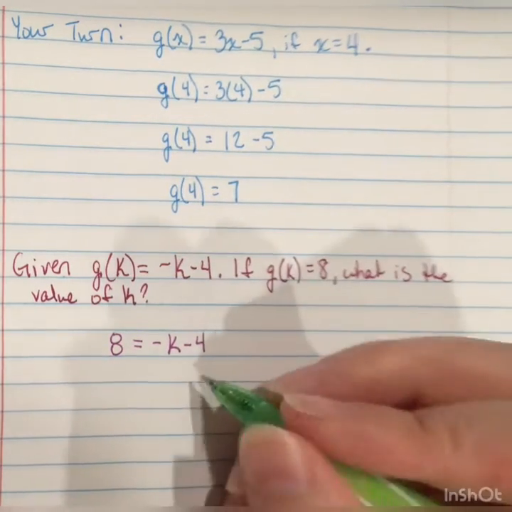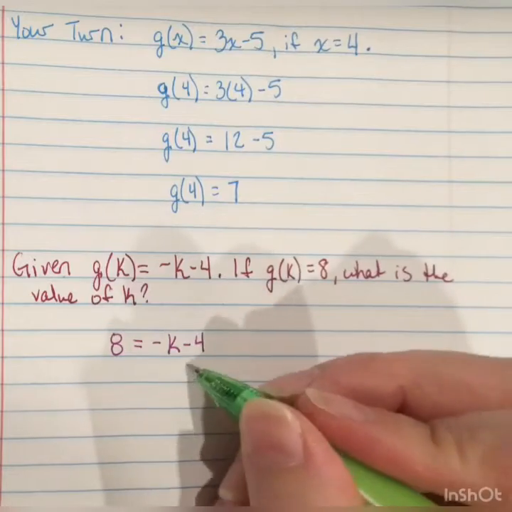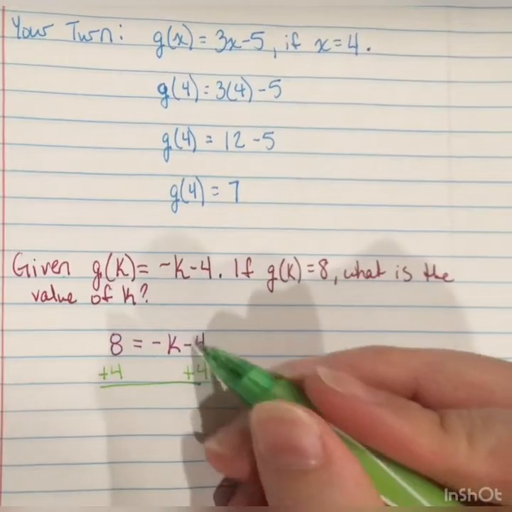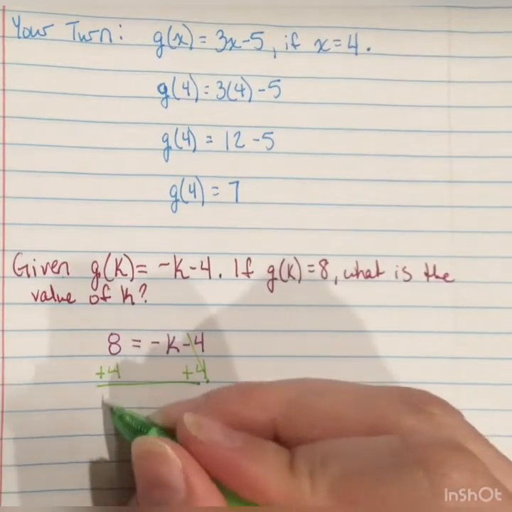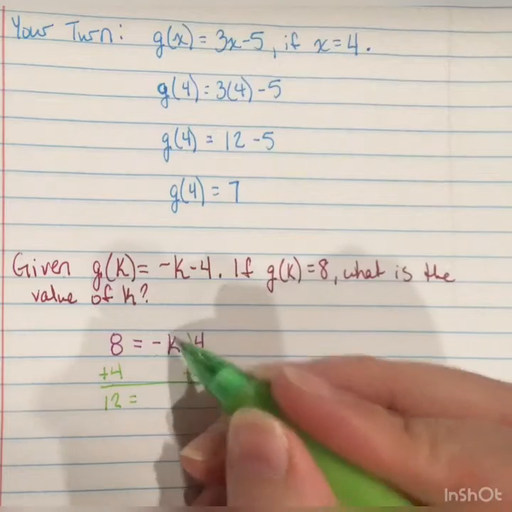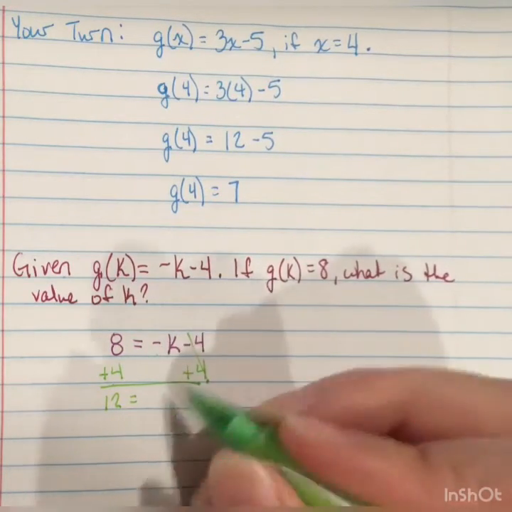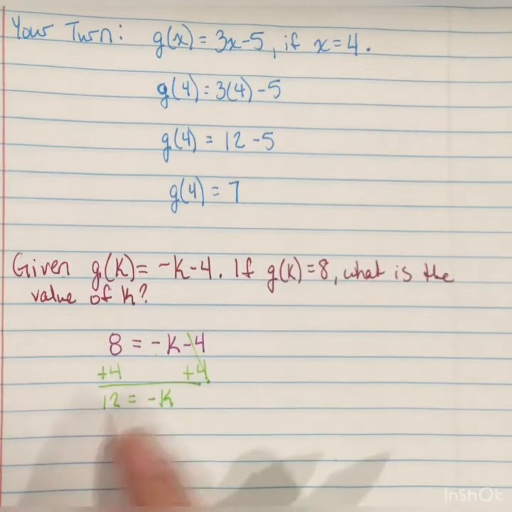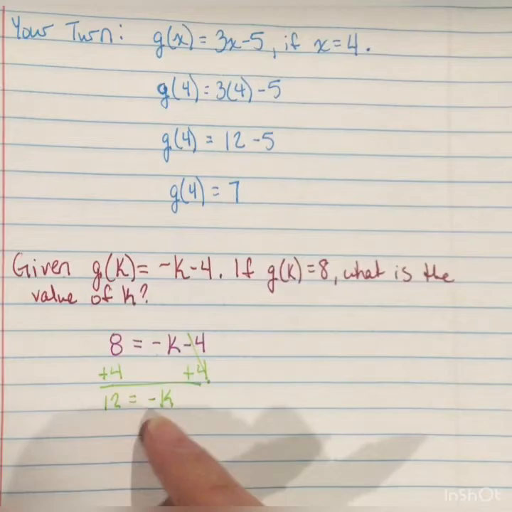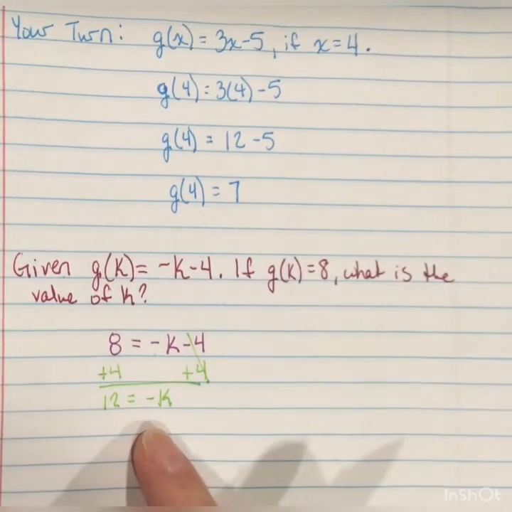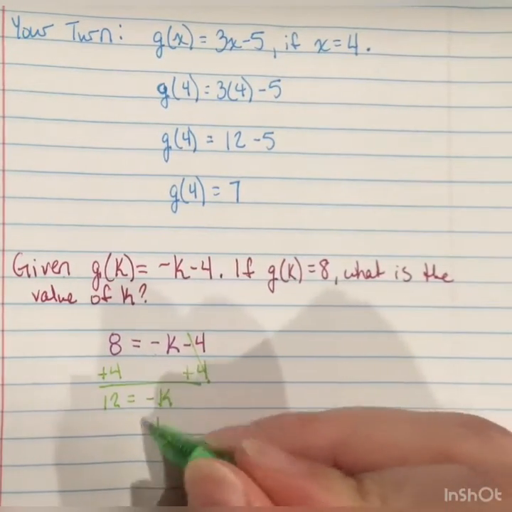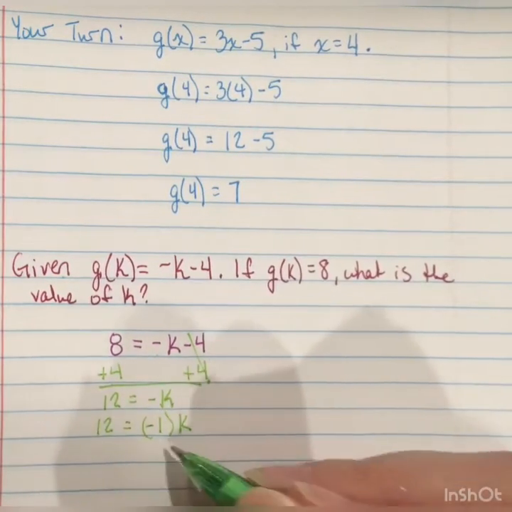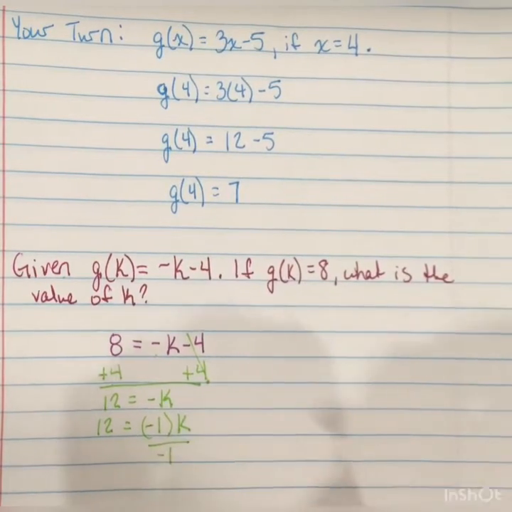The first thing we need to do is inverse operations. Instead of subtracting 4, we'll need to add 4 to both sides. To cancel these out, we get 12 equals, we do need to make sure we bring down that negative sign. So we have negative k equals 12, but I want to solve for k, not negative k. So this is like saying negative 1 times k. So in order to get rid of it, we will divide by negative 1.